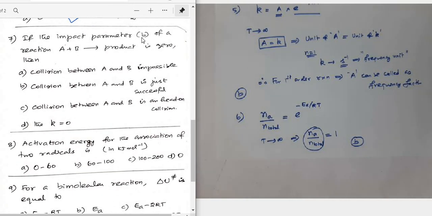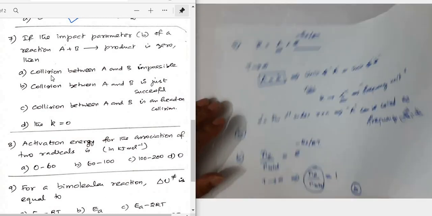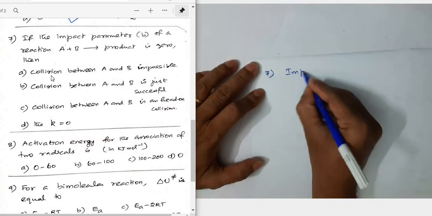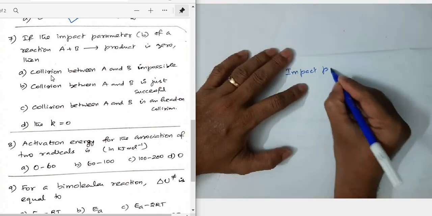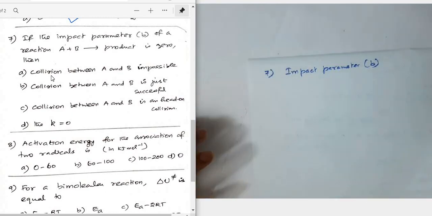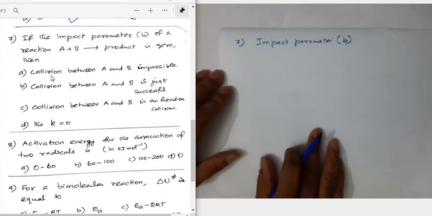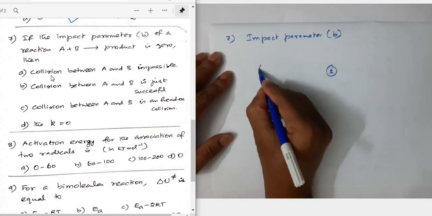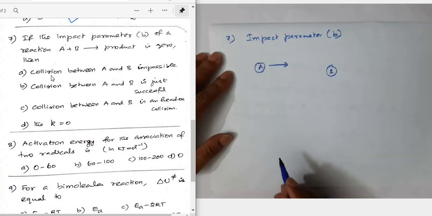Then question number 7. If the impact parameter of a reaction A plus B gives product is 0, then what is impact parameter? It is very simple. Impact parameter is usually denoted by the symbol small b. Suppose you have a molecule B here, and a molecule A is moving in this direction.